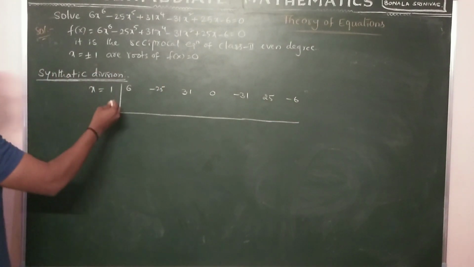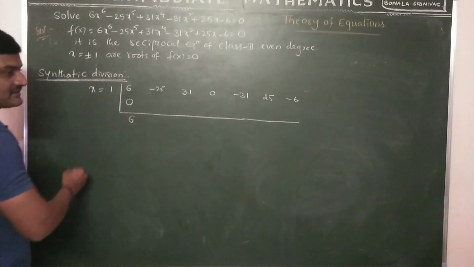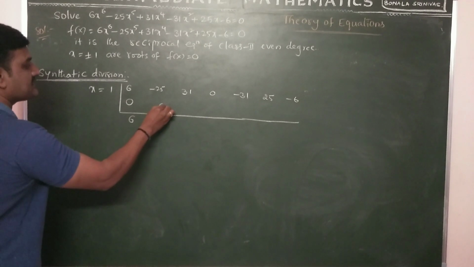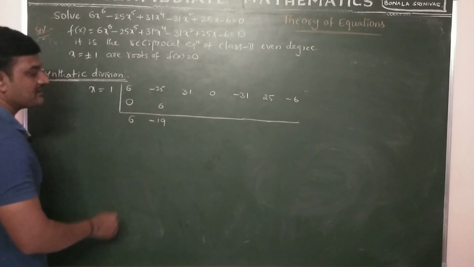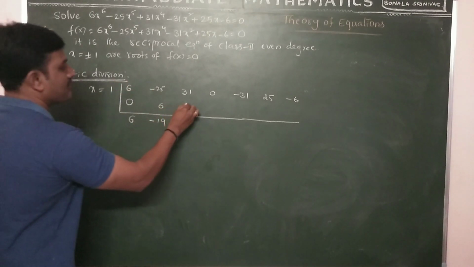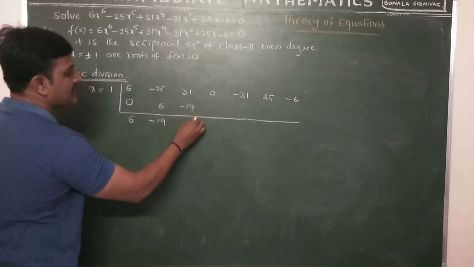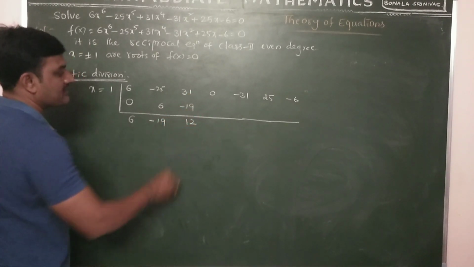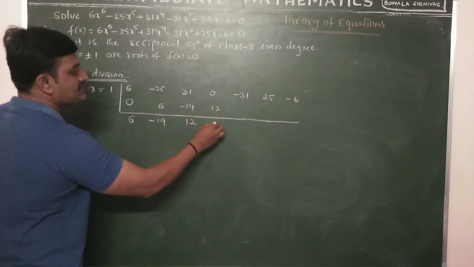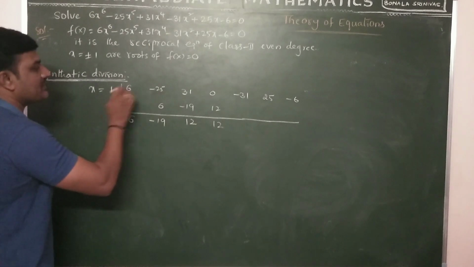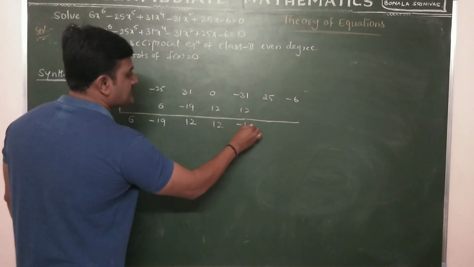Okay. Then take 0. 6 plus 0 is 6. 6 into 1 is 6. Minus 25 plus 6 is minus 19. Minus 19 into 1 is minus 19. 31 minus 19 is 12. 12 into 1 is 12. 0 plus 12 is 12. 12 into 1 is 12, and minus 31 plus 12 is minus 19.